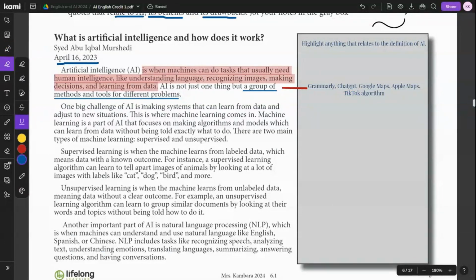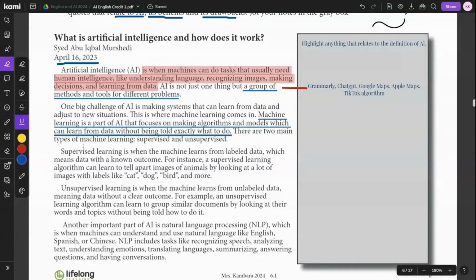One big challenge of AI is making systems that can learn from data and adjust to new situations. So we're going to write that down, and we'll continue. This is where machine learning comes in. Machine learning is part of AI that focuses on making algorithms and models which can learn from data without being told exactly what to do.